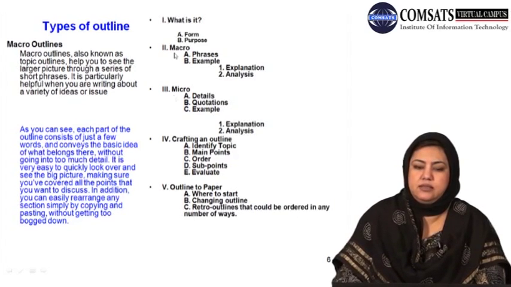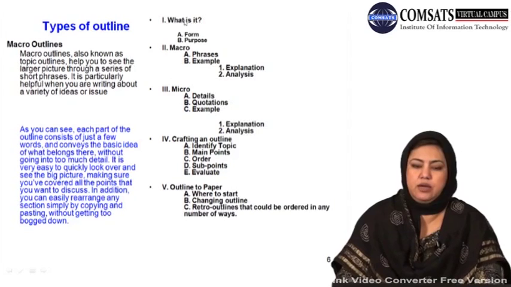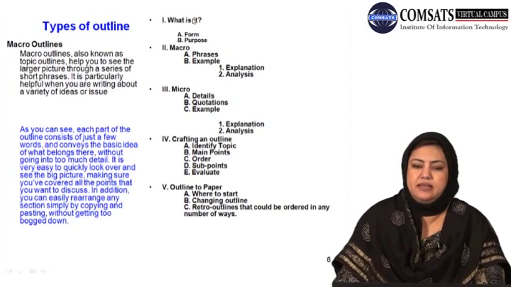Out of all this, these are the 5 points that are left indented, and they are prominently visible. They can be seen very easily once you look at the outline. Then the subcategories within each of these categories, or the subheadings within each of these main 5 headings, you can see they are slightly indented towards right.